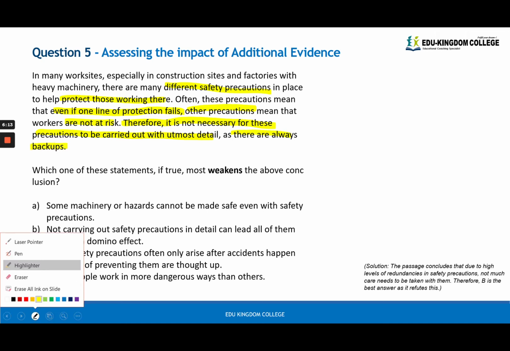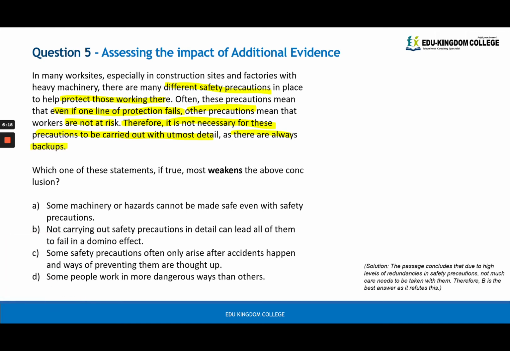This statement doesn't really make sense. We have to make sure that every precaution is carried out to the best of our ability. We can't just rely on backups to save us. The backups are literally what they mean, backups. So we can already see a little flaw that we can pick on for the weakening statement.